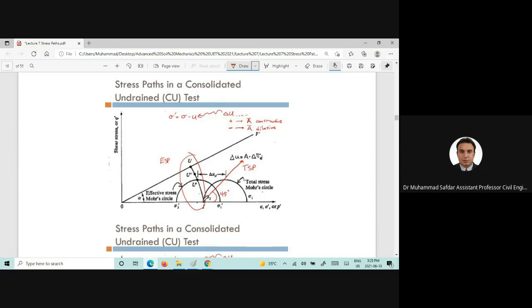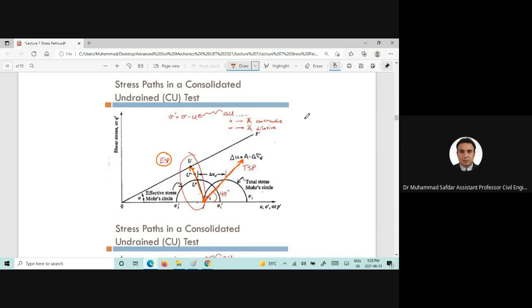For example, this is the total stress path, which will be drawn at a 45-degree angle. Now, if we want to draw the effective stress path, it will move leftwards and it will reach the failure line.